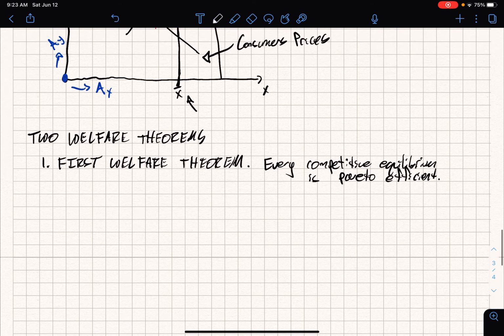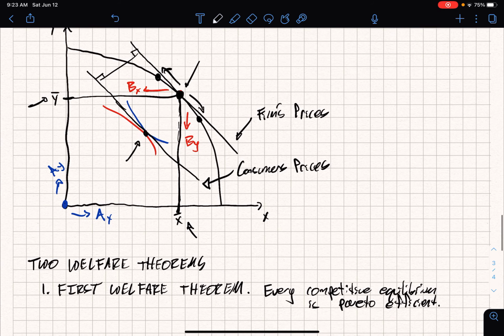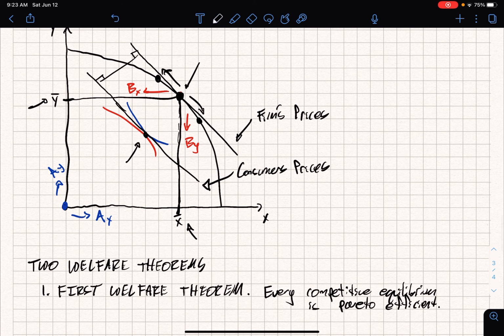And we've shown this, graphically at least, that there is no Pareto improvement. We can't move from this point and make everyone better off. And we can't even move from that point making some people better off without hurting others.